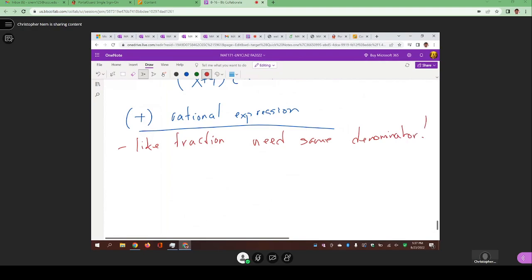So let's do an example. 3 over x minus 1 plus x over x plus 2. Boom. All right, if we're adding, these are not the same denominator, so I can't just add the top piece.